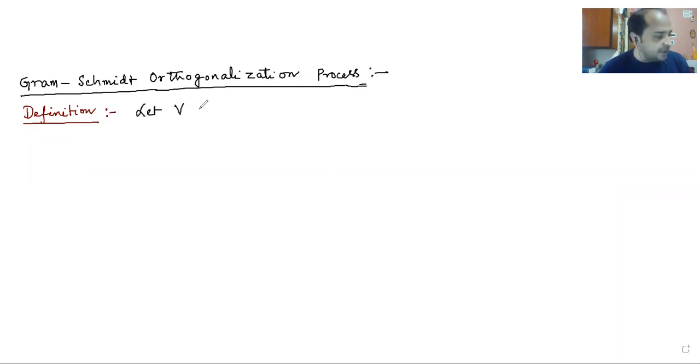Let capital V be an inner product space, and every definition which I am choosing is from the book by Friedberg. If you are not able to write it, you can get it from the pages of the chapter on inner product space. Still, since I'm taking the class, it would be nice if I write it on the whiteboard, so it should always be in front of you.